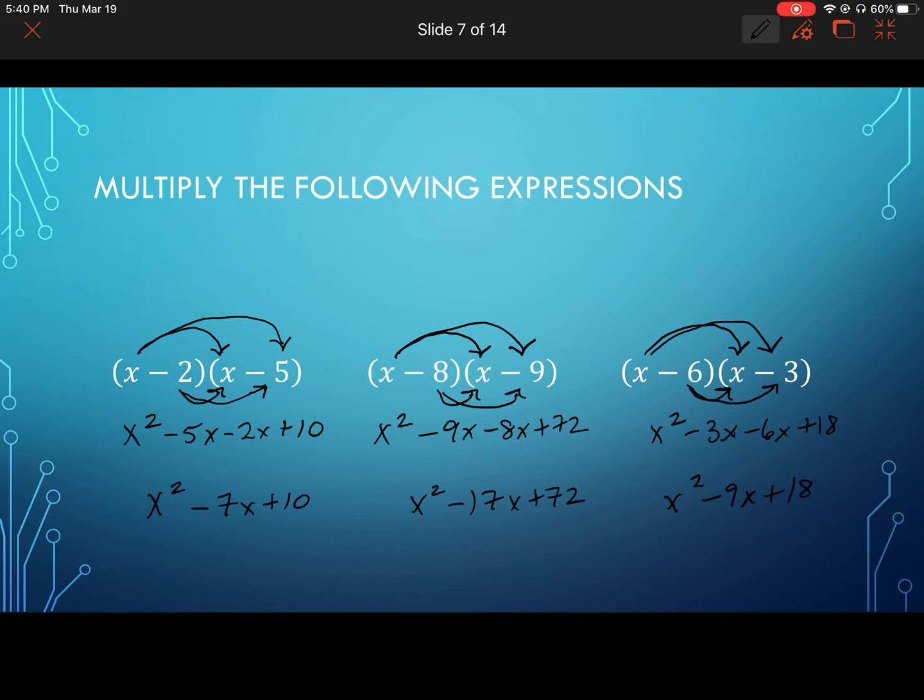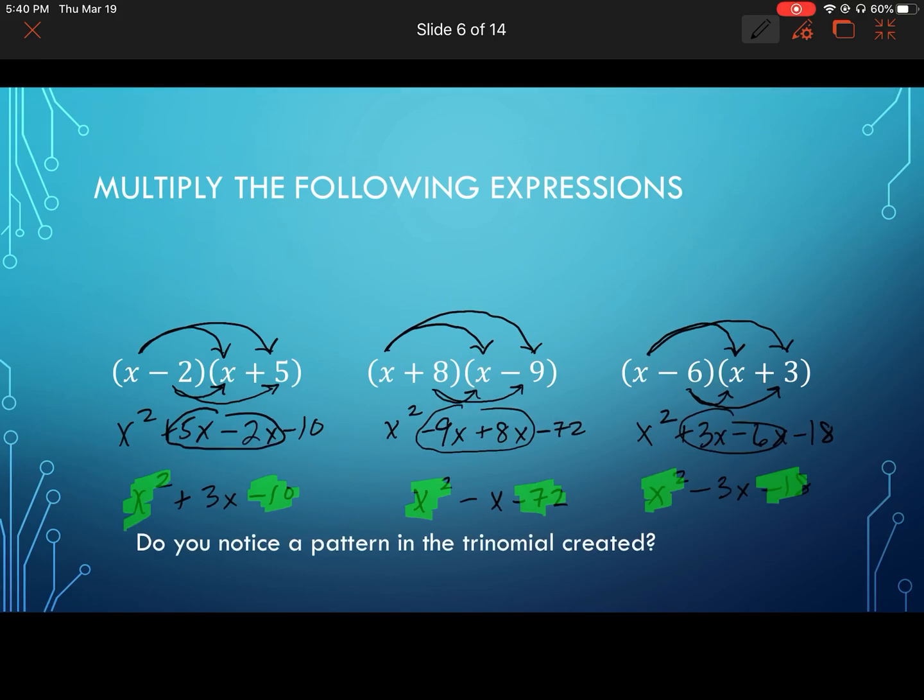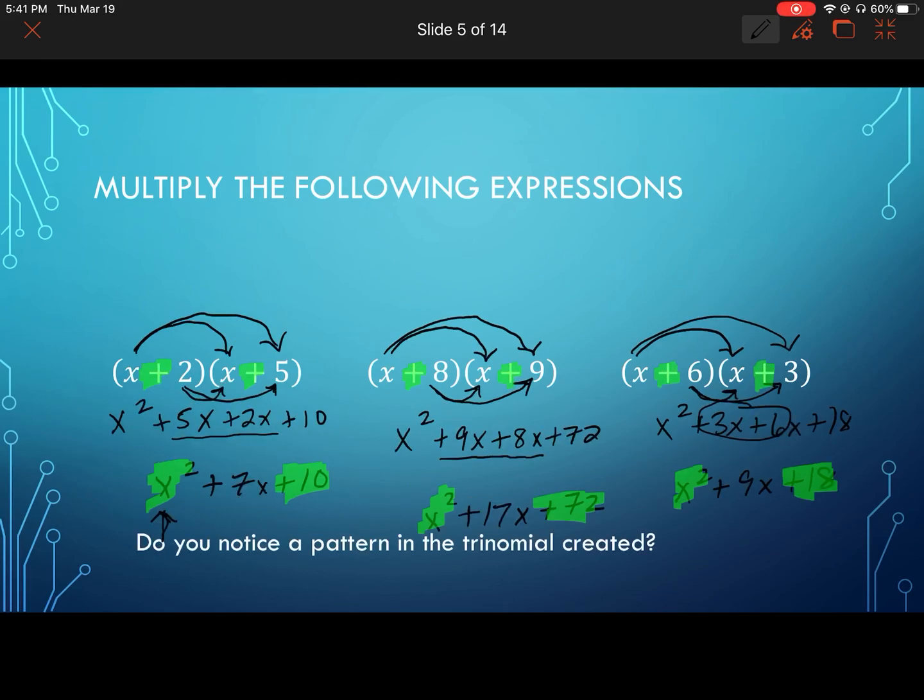Okay, so let's compare what we've got now. All right, I'm going to go back to the very first slide. So take a look at what we've got here so far. We got negative 7x plus 10, negative 17x plus 72, and negative 9x plus 18. If I go back to the very first one, you should notice something at least mildly interesting. I think it's interesting.